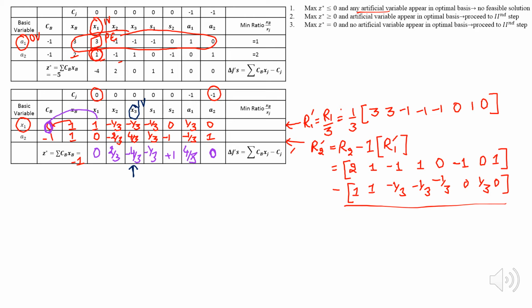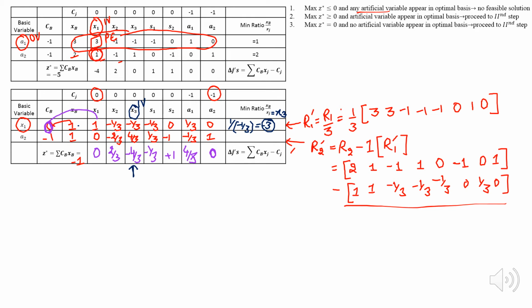Okay, now again find the minimum ratio: divide xb by the x3 coefficients. So 1 divided by minus 1 by 3 will give you minus 3, which we have to ignore because we have to work only with non-negative ratios.